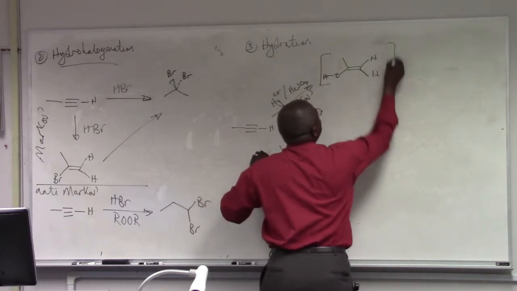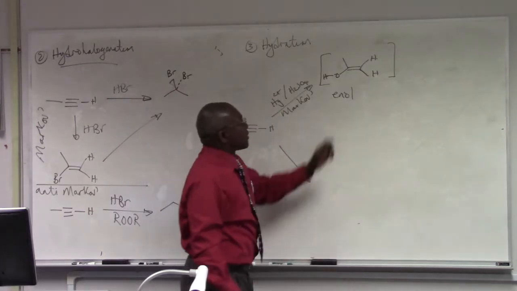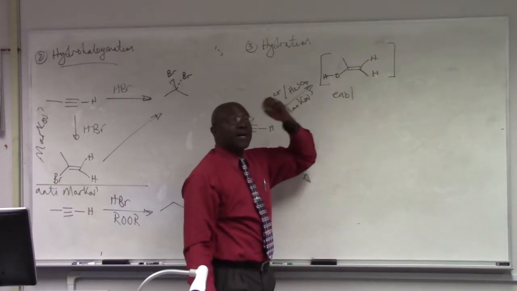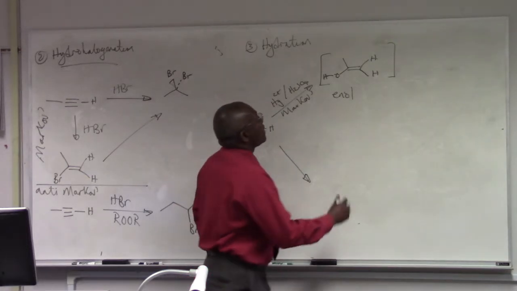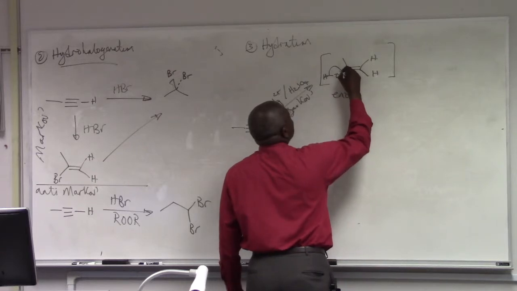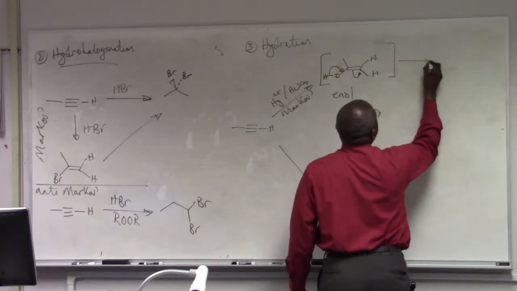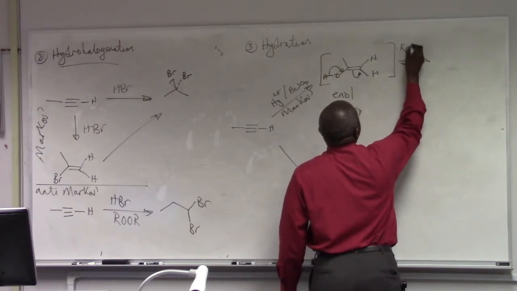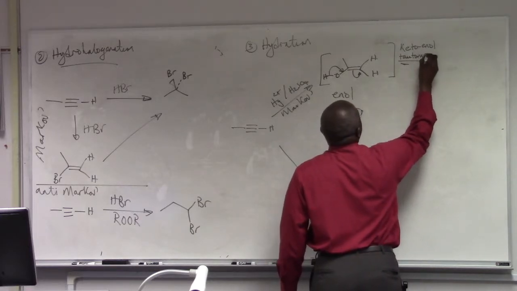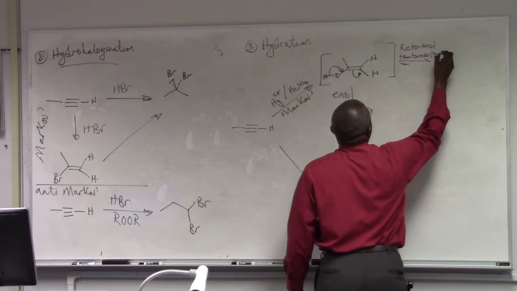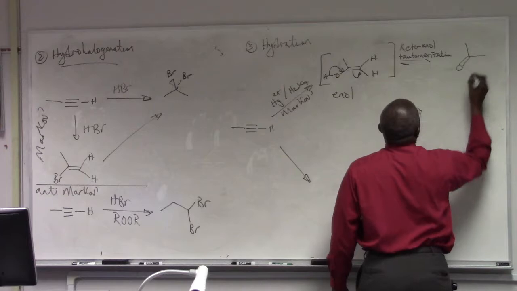But that gives rise to a very unstable species called an enol, because I've got a hydroxy group on the vinylic carbon, on the alkene. Enols are unstable and undergo a reaction called tautomerization. So it's called keto-enol tautomerization. And what you end up making from this reaction is the corresponding ketone.